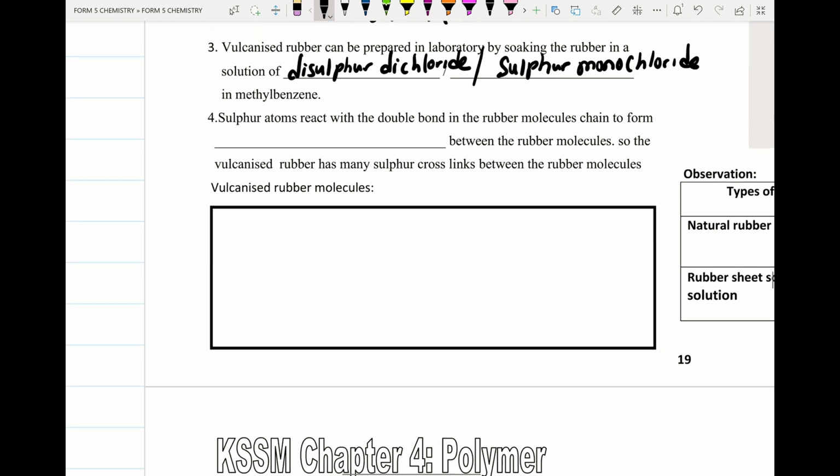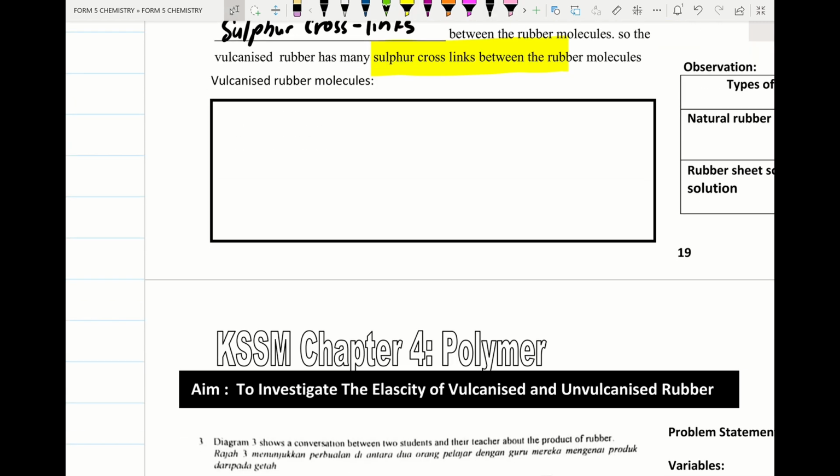So please remember these two solutions for the objective questions. All right, so the sulfur atoms change the double covalent bonds in rubber molecules to form sulfur crosslinks between the rubber polymers, so that the vulcanized rubber has many sulfur crosslinks between the rubber molecules. All right, so how to draw the vulcanized rubber molecules?